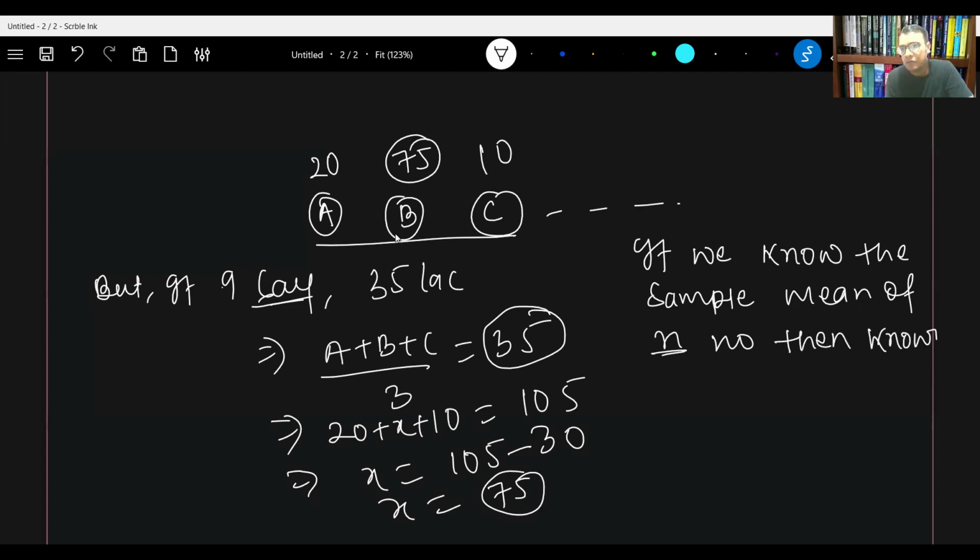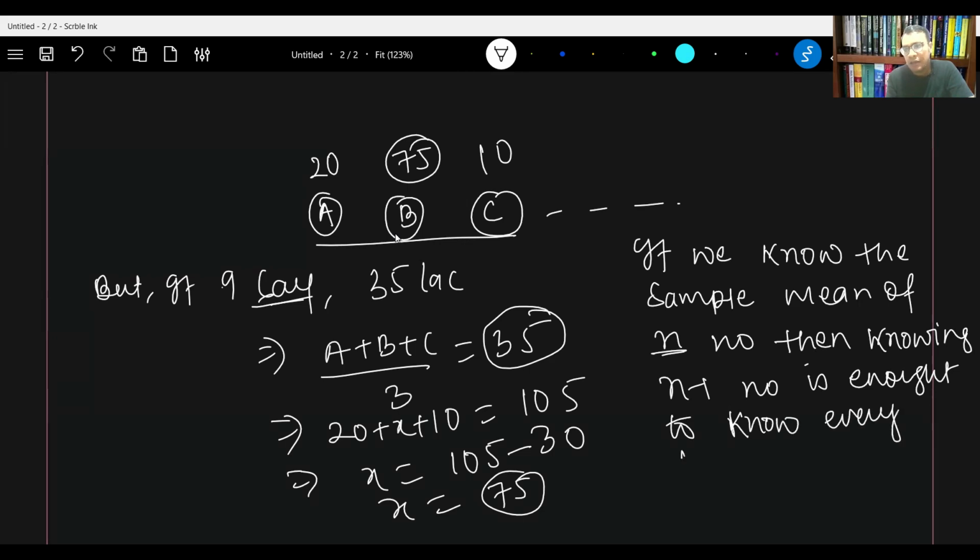knowing n minus 1 numbers is enough to know everything about the population or data.